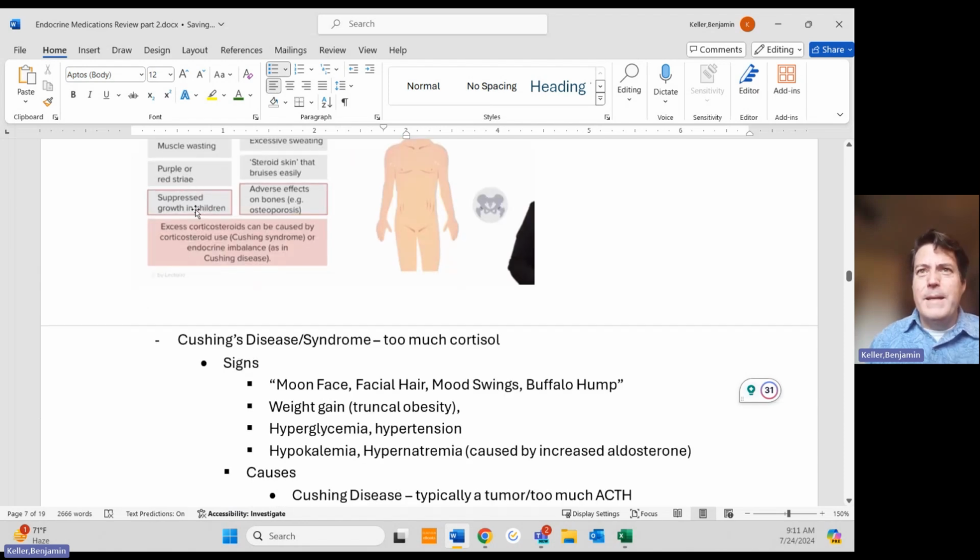Suppressed growth in children. I have a brother-in-law, my sister's brother. His younger brother had really bad asthma, so did his dad, and they're both fairly short for their stature, especially in comparison to my brother-in-law, who's about 6'2".